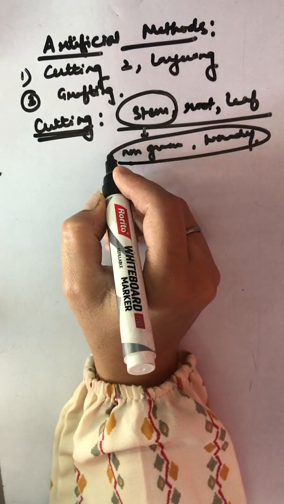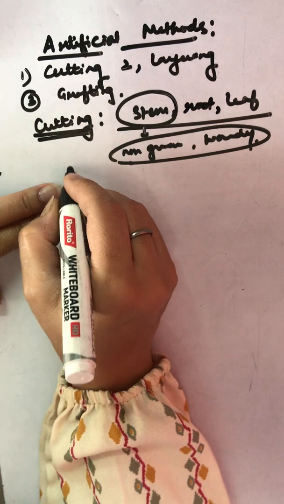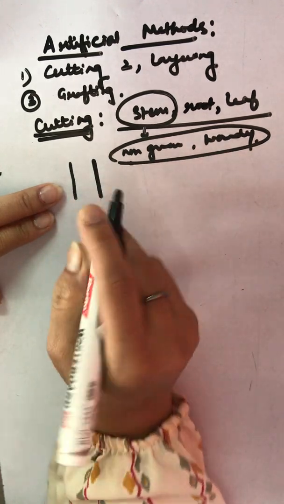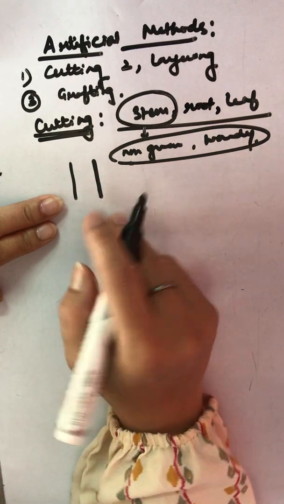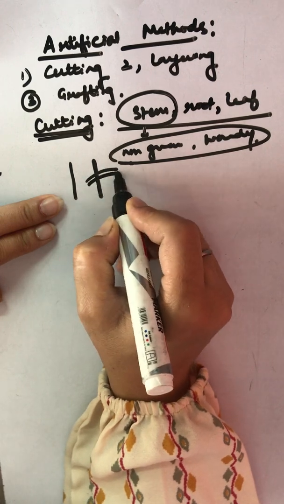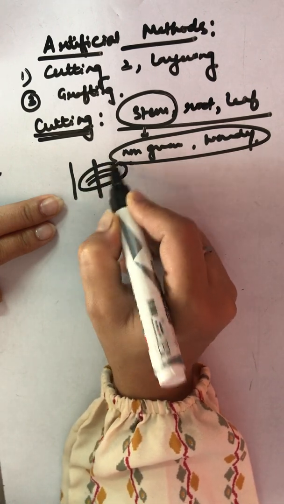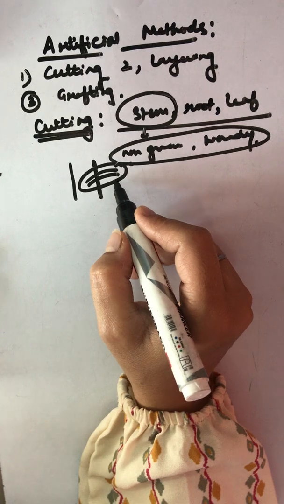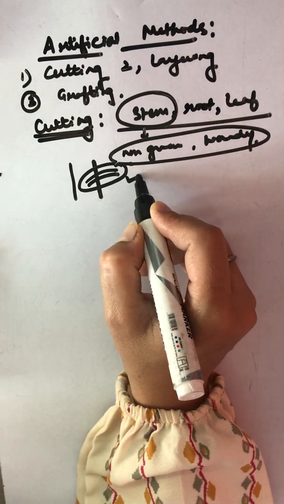This is the section which we choose, the main stalk region, that means which will be bearing the green and non-woody tendril or a branch onto it, which will be selected for cutting.